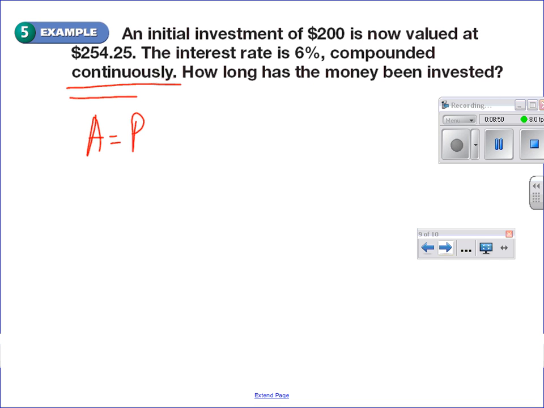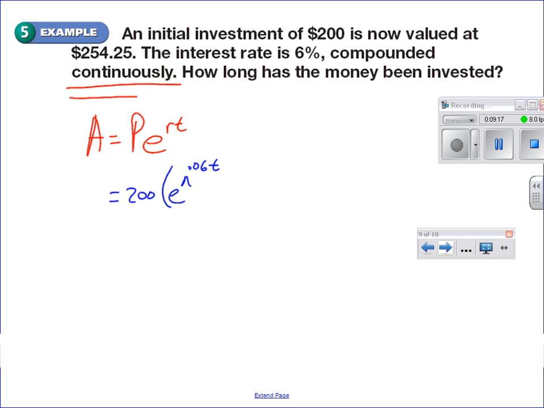A equals principal e to the rate times time. Okay? So initial investment of 200 bucks goes right there. E to the, they give me a rate, 6%, so 0.06. Time is unknown.